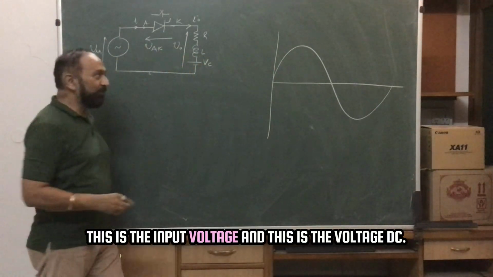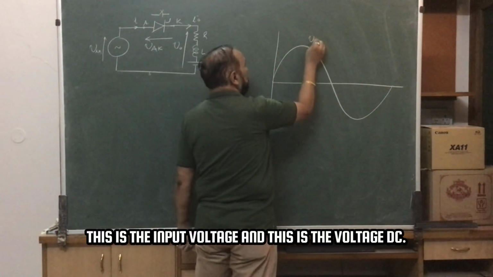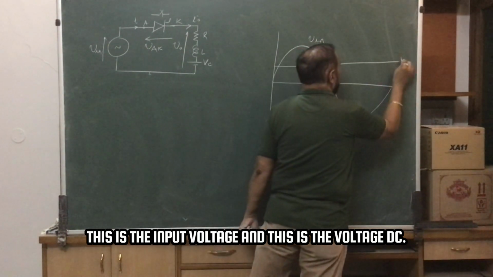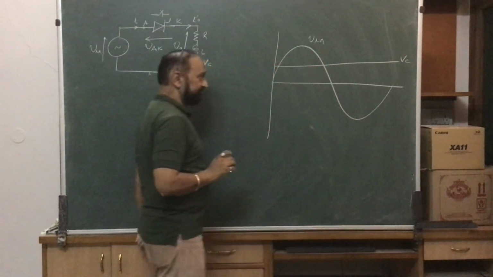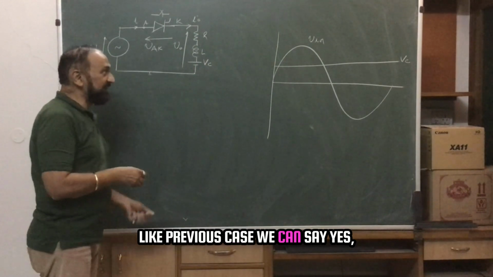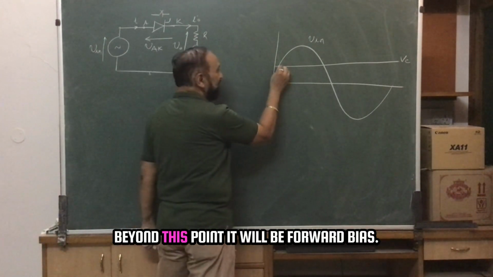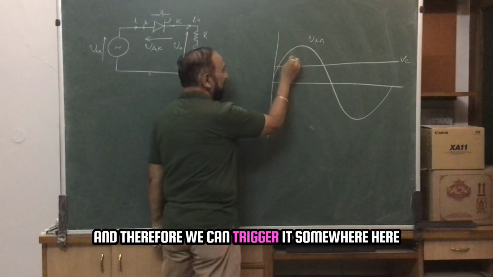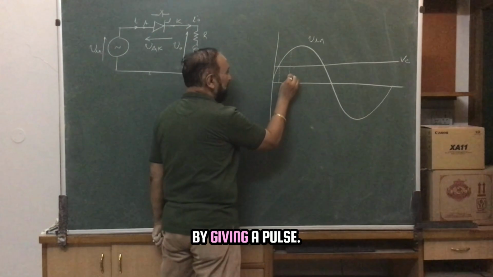This is the input voltage, and this is the voltage VC. Like the previous case, beyond this point it will be forward biased, and therefore we can trigger it somewhere here by giving a pulse.